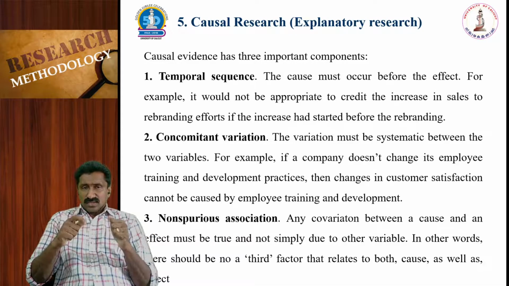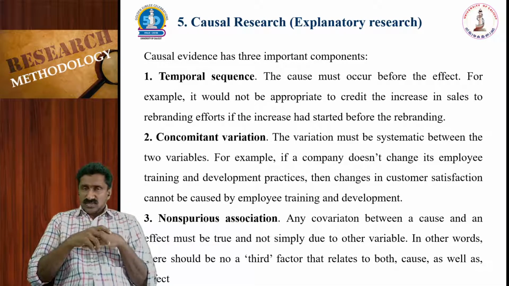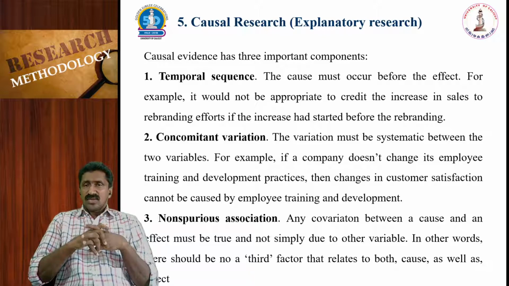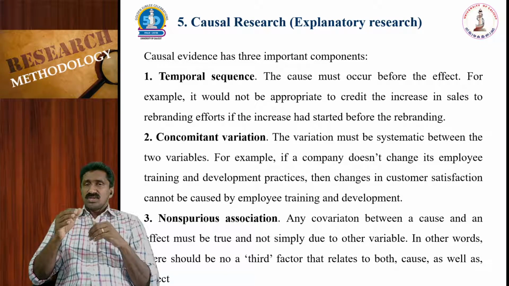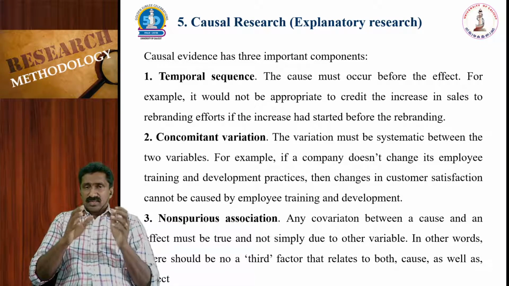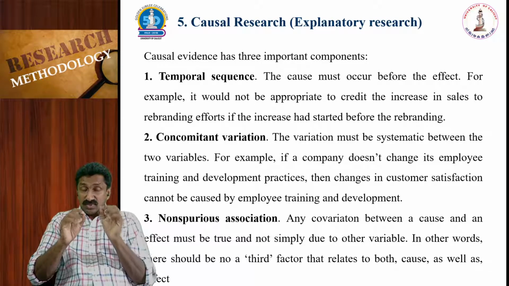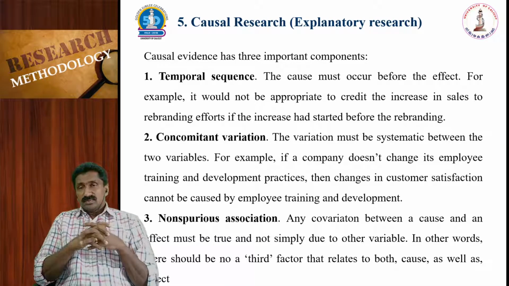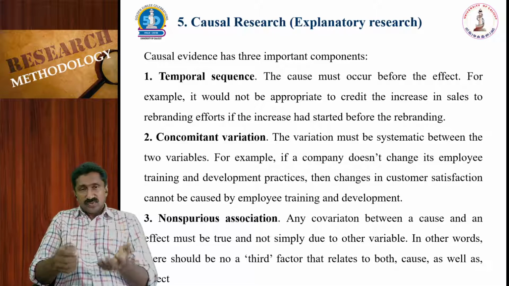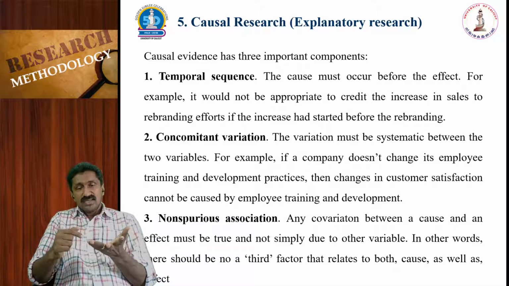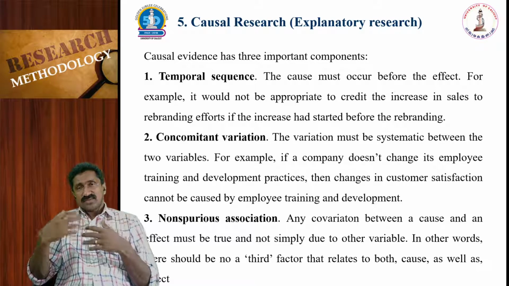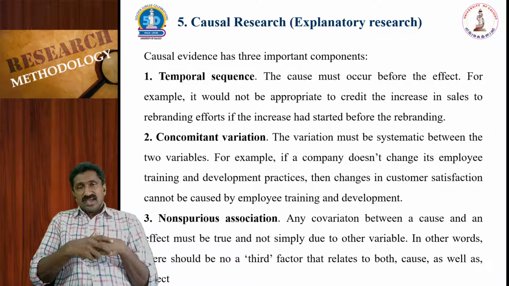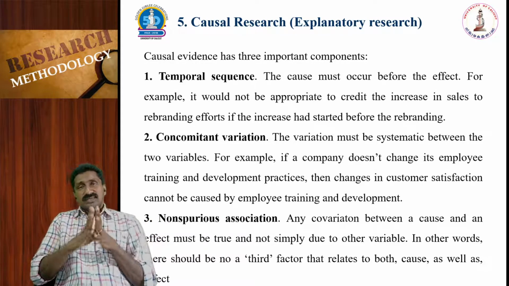Okay. Then non-spurious association is another one. Any covariation between a cause and effect must be true and not simply due to another variable. So in other words, there should not be any third variable that relates to both. So if you are establishing a relationship between A and B, so A is affecting B, you are establishing a cause and effect relationship between A and B, and then you have to make sure that C is not involved in that process.